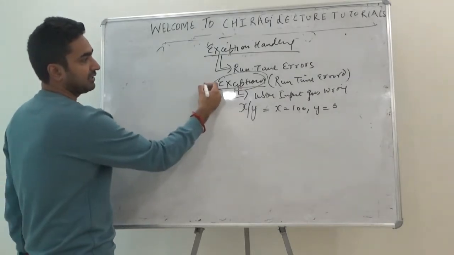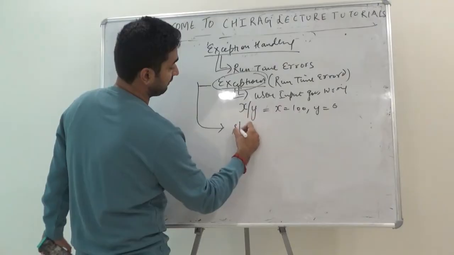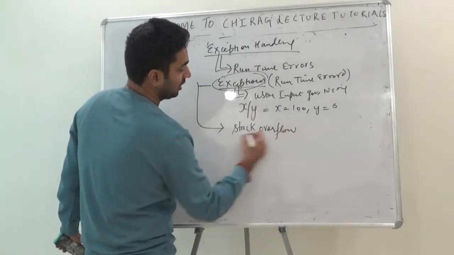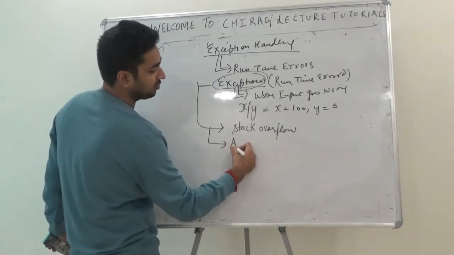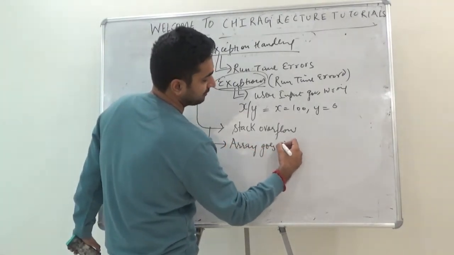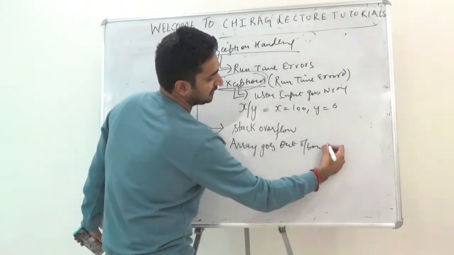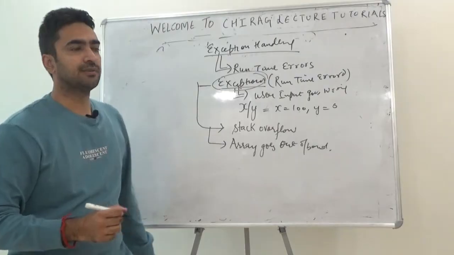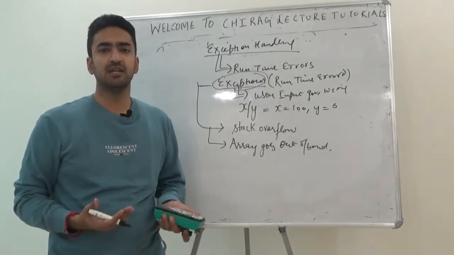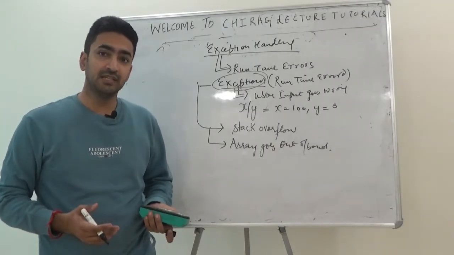The second important thing regarding exceptions is that if there is any kind of condition with stack overflow, or arrays going out of bound, these errors cause runtime errors which are known as exceptions, and hence we have to solve those kinds of things.